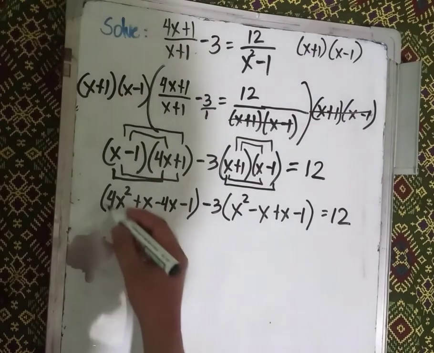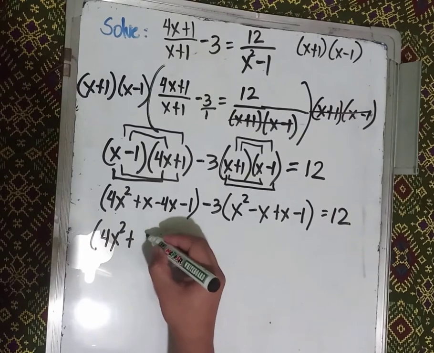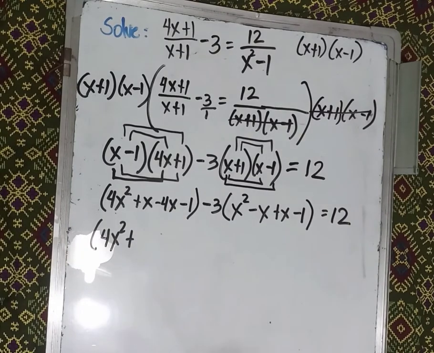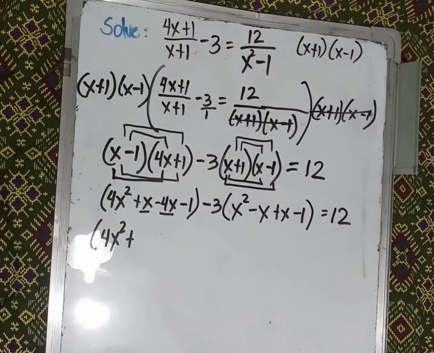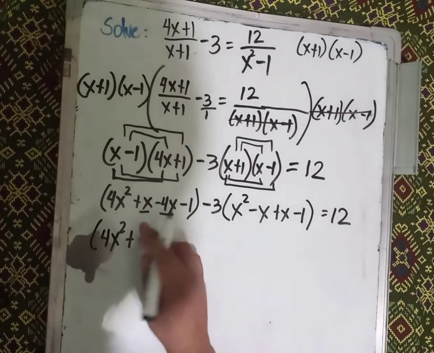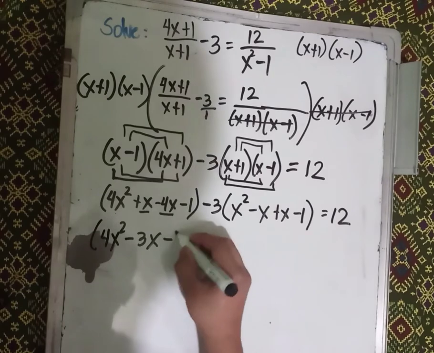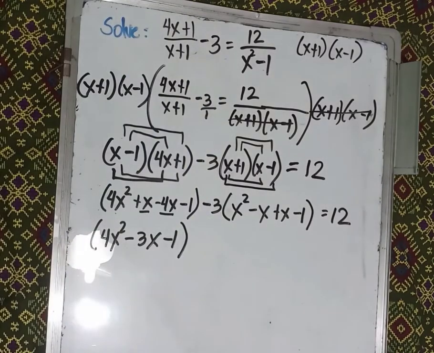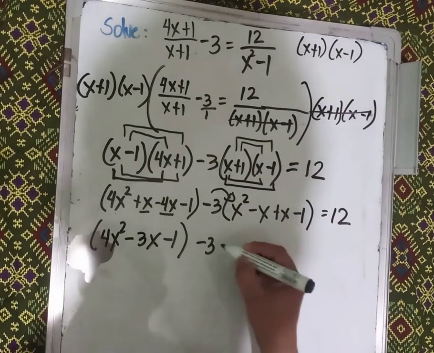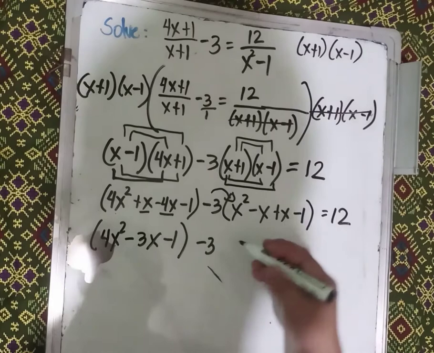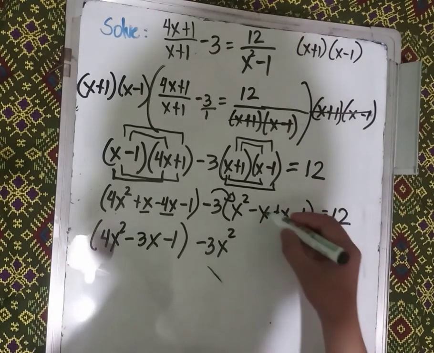Next, just copy the first term, 4x squared, plus or combine like terms, x minus 4x, okay, that is negative 3x minus 1. Then this one, distribute, so negative 3 times x squared, that is negative 3x squared. Then ito, negative x plus x, ma-eliminate yan.